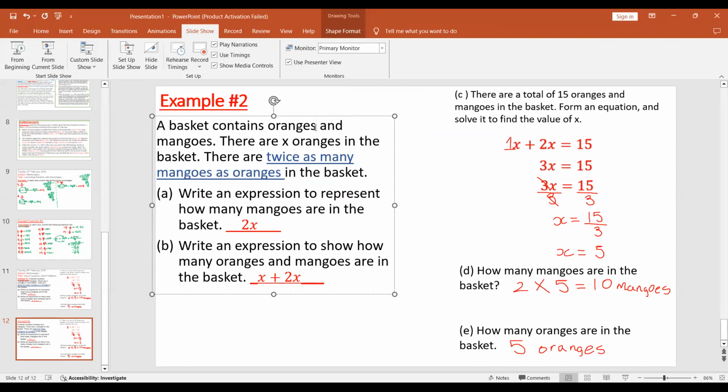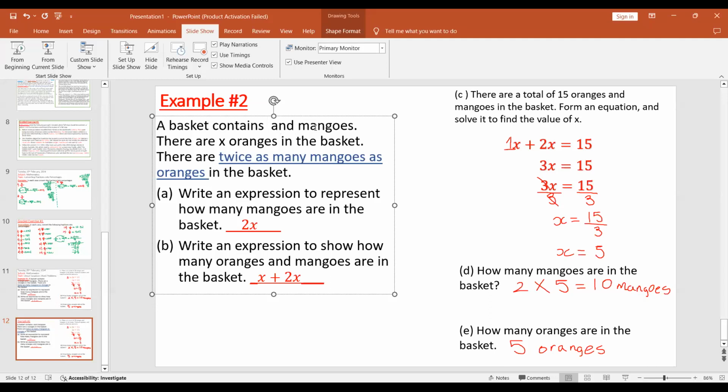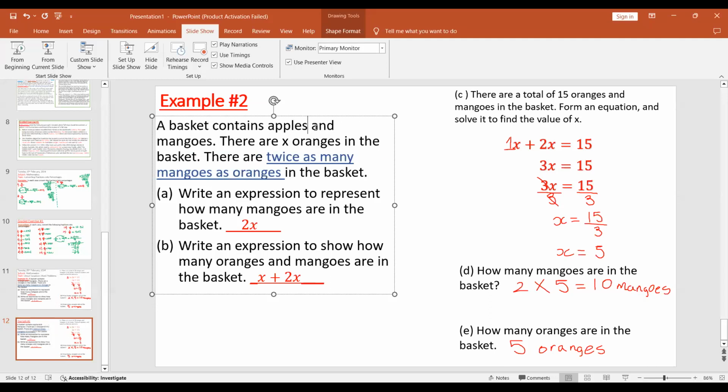Cantaloupe, watermelon? That's a big basket. I mean a small basket, so let's say apples and pears. Yeah, let's do that.